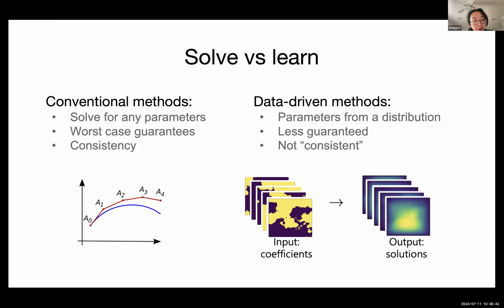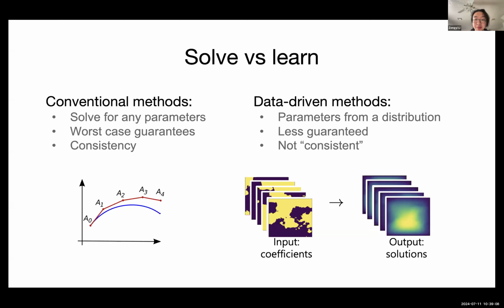And one more word about numerical solvers versus data-driven methods. Usually we consider numerical solvers as more general. They can work for many different parameters. They have worst-case guarantees and consistency. But in general, data-driven methods trade accuracy for speed.